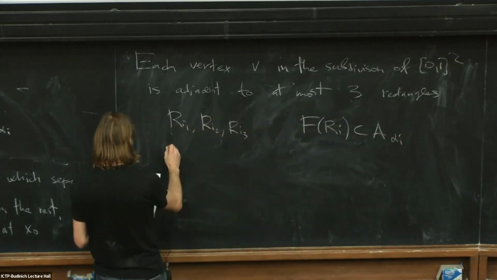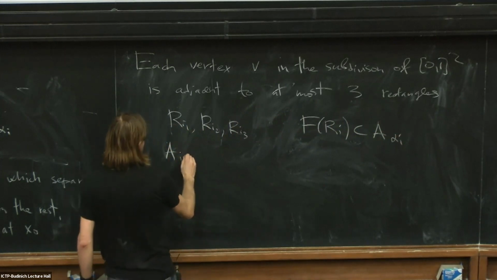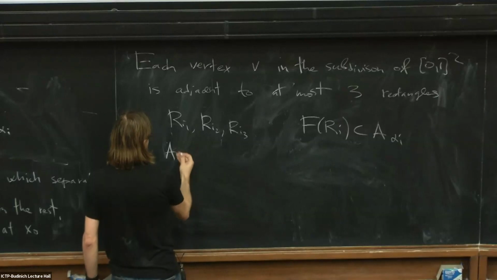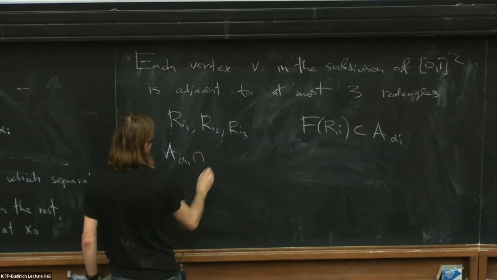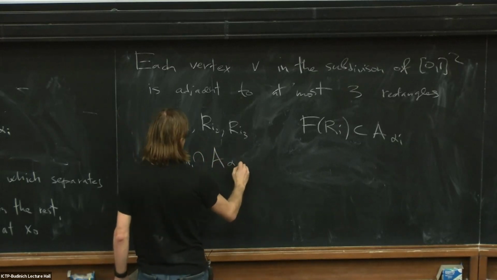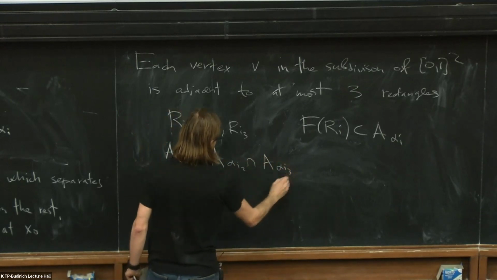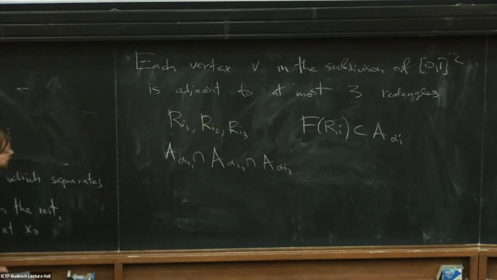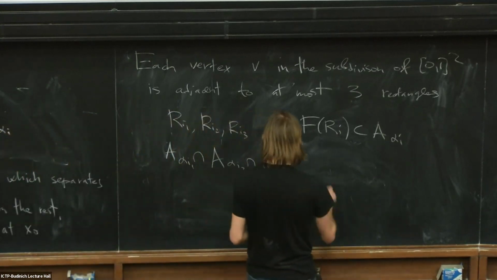And since we know that any triple intersection of A alphas is path connected, in particular the triple corresponding to these three small rectangles is path connected.